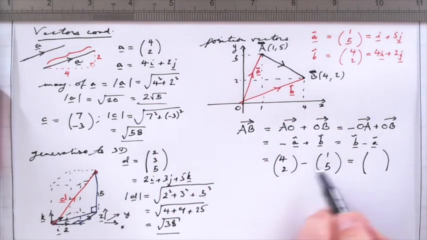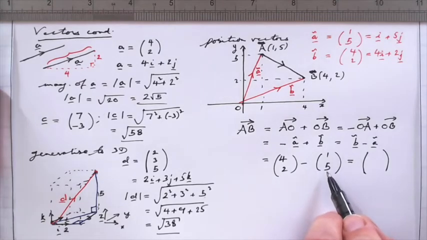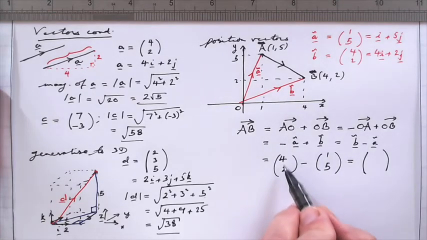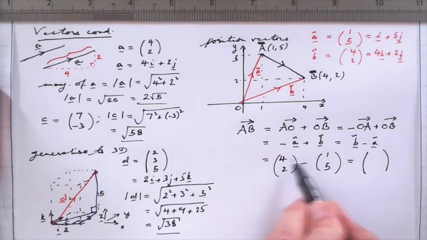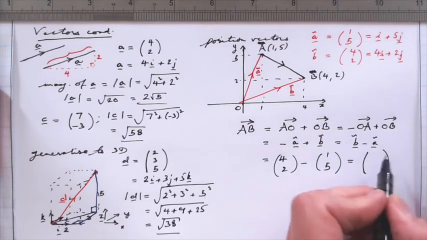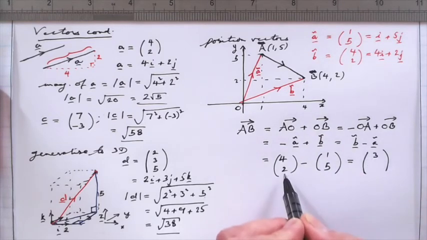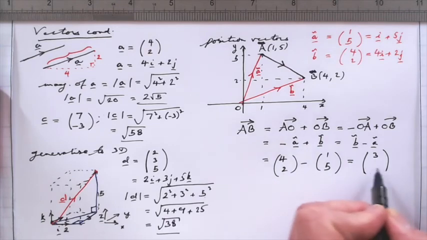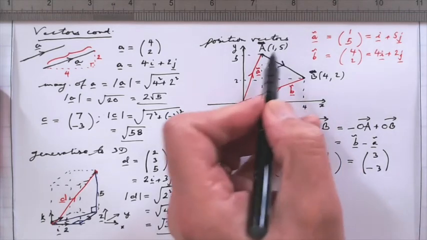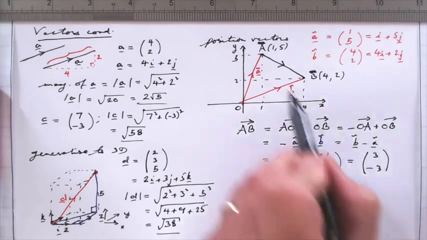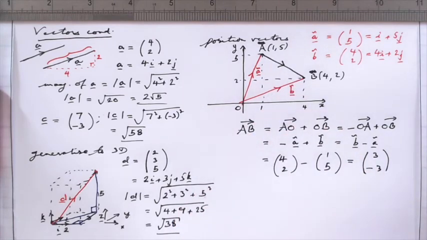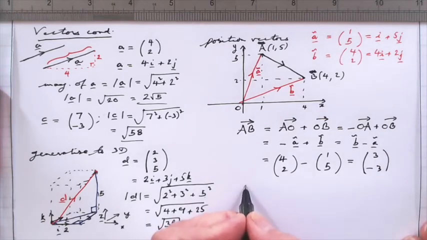Remember, when we do arithmetic with component representations, we treat the x and y components separately. Looking at the x components, 4 take away 1 is 3. Looking at the y components, 2 take away 5 is negative 3. So (3, -3) is the vector representing AB. We could ask, what is its magnitude?